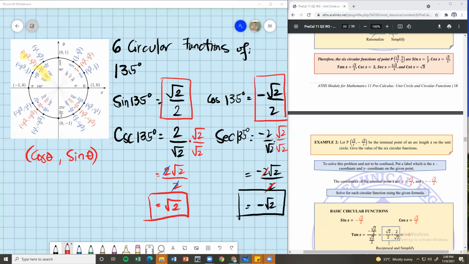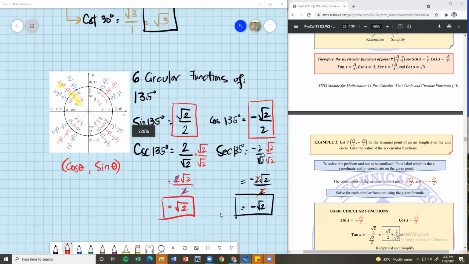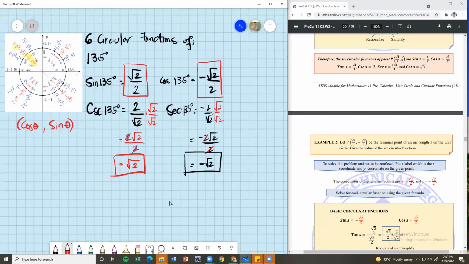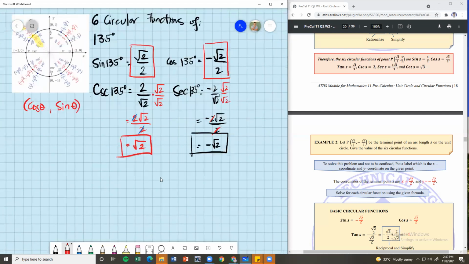Okay, got it? Noted. Next, finally, tangent na tayo. So yun, dali lang. Ganun lang kasimple lesson natin. For our tangent, tangent is always sine over cosine. Sine theta over cosine theta. Always remember that. Okay?